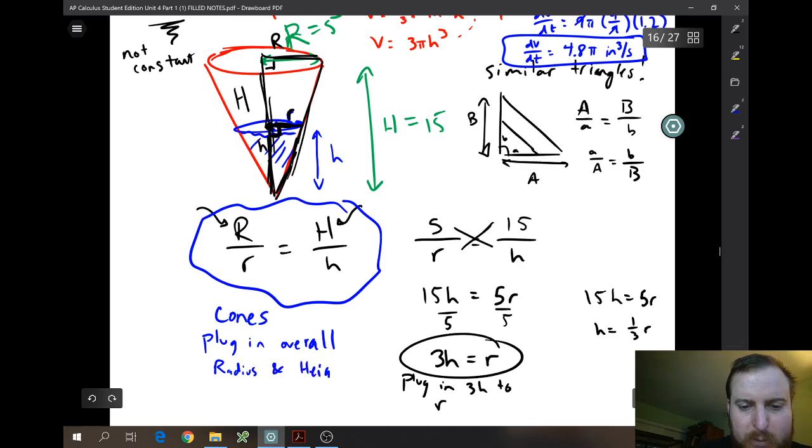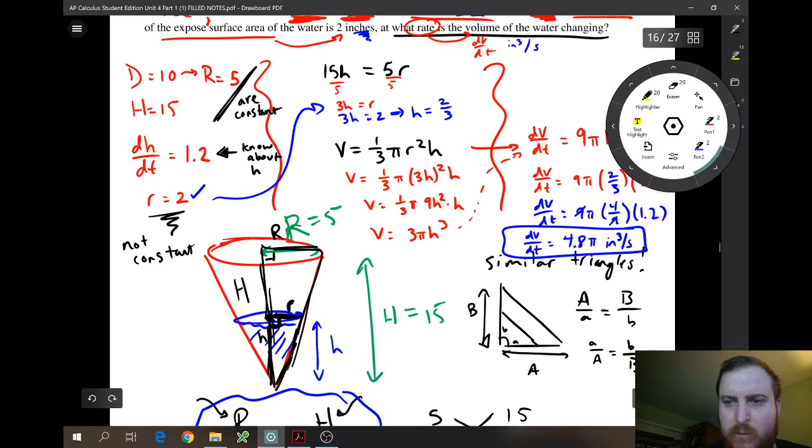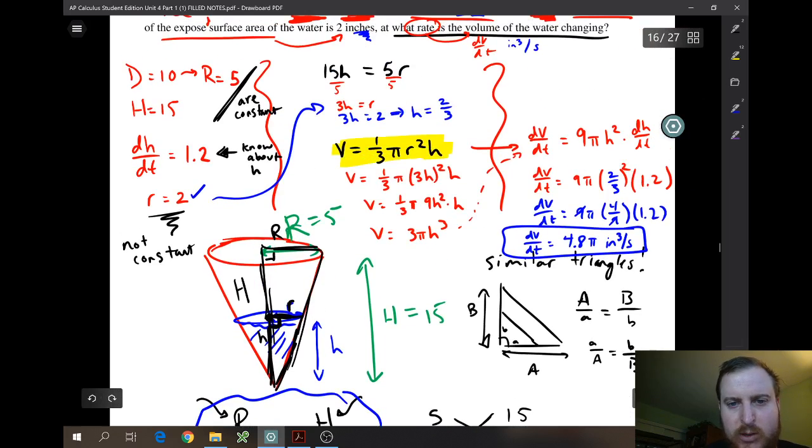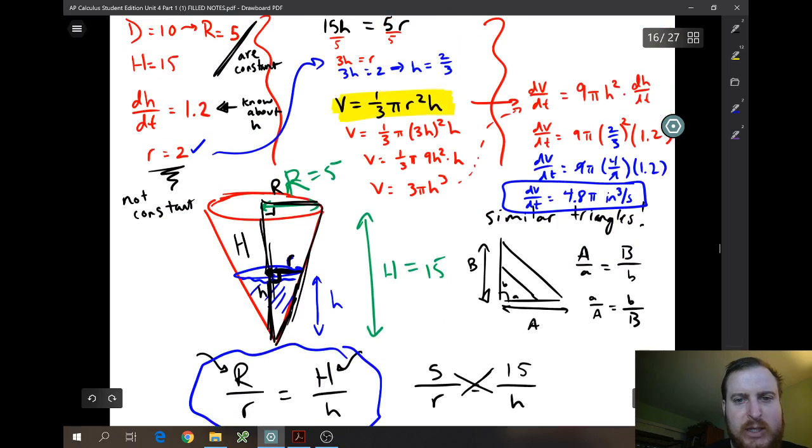That's going to help us get this equation here, where we can then have a relationship between h and r. And the reason that's important is up here, when we had V equals our formula, V equals 1/3 pi r squared h, this has two variables. And so what this formula allows us to do is take those two variables and bring it down to 1.